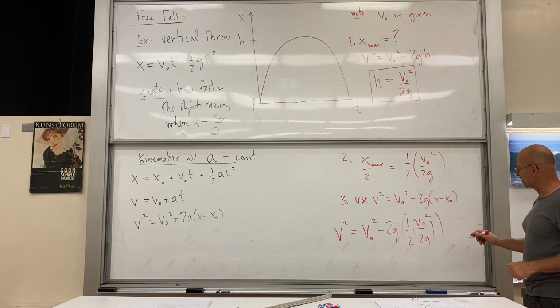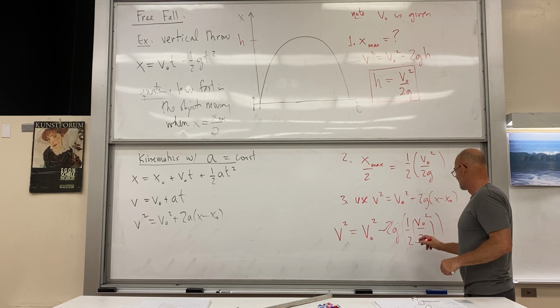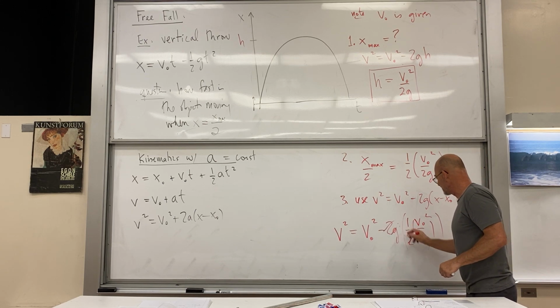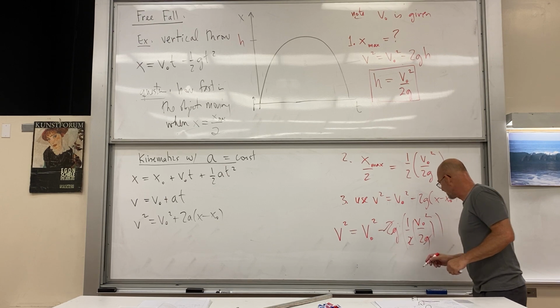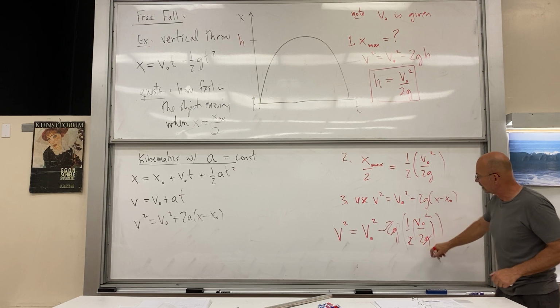So this is going to be really interesting. We have a 2 canceling, we have a g and a g. We're left with v0 squared divided by 2.